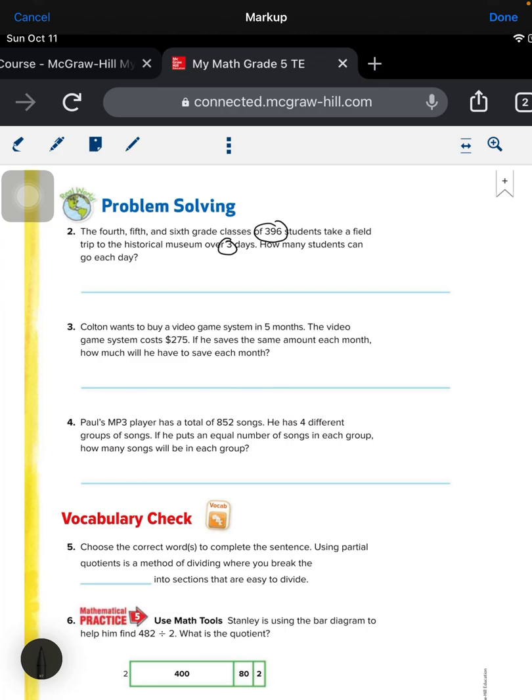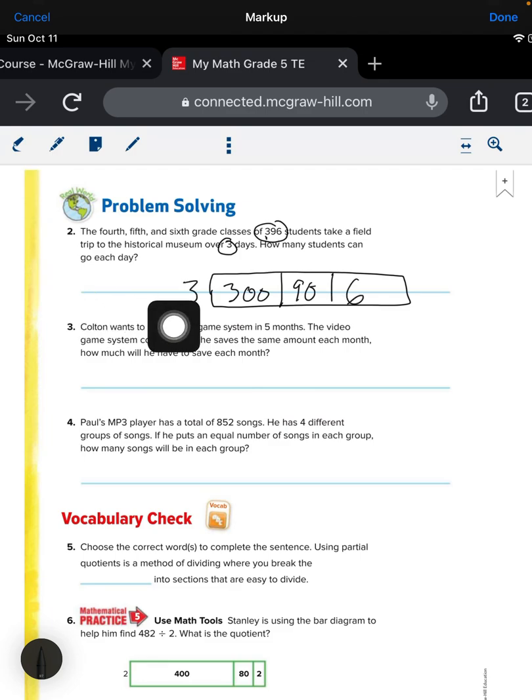We can do it in a distributive property box. Let's go ahead and do our rectangle. And in the 100 spot, we're going to put 3. In the 10 spot, we're going to put 90. And in the 1 spot, we're going to put a 6. We'll put a 3 right there. So 3 will go into 3 how many times? Once, and bring the zeros up.